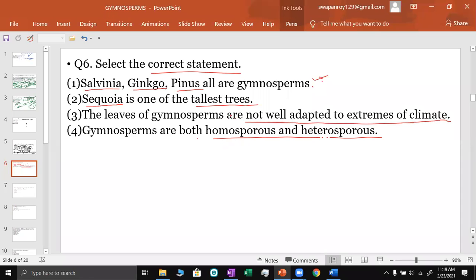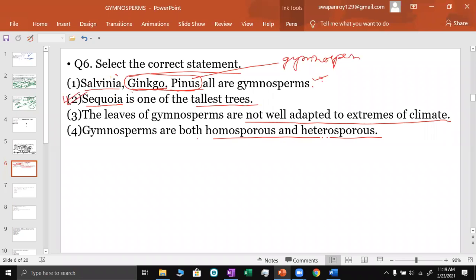So which one is the correct statement? Option 2, sir. Yes, option 2 is the correct statement. Sequoia is one of the tallest trees. Here, this one is partially correct. See, Ginkgo and Pinus, these two are gymnosperms.